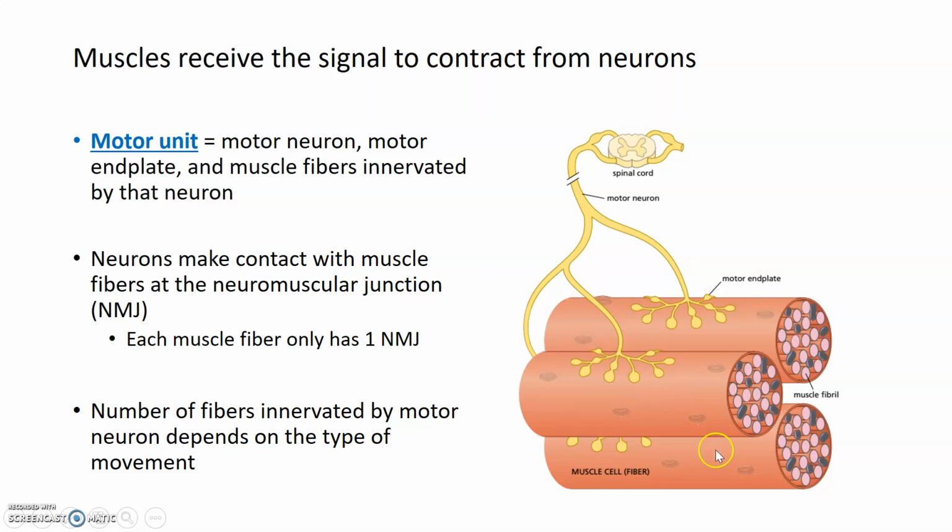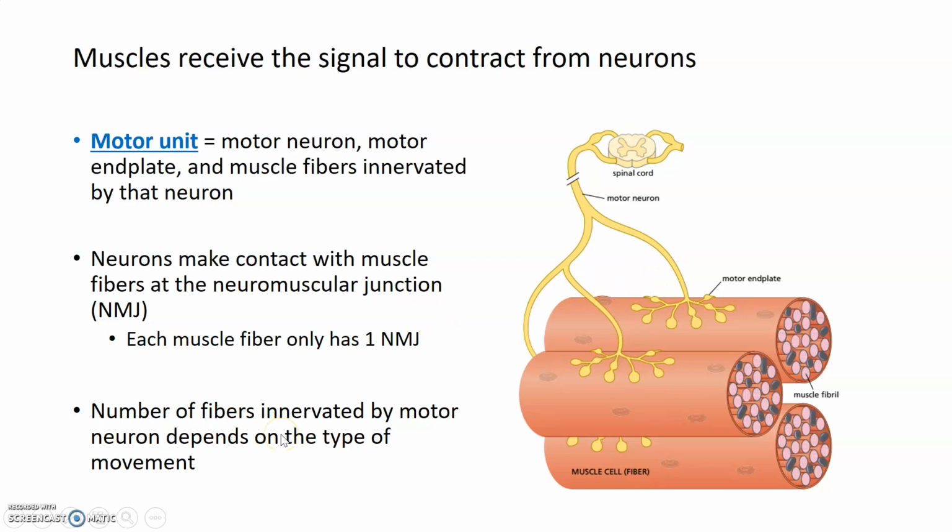And each muscle fiber only has one neuromuscular junction. And this is helpful in controlling the signals that are received, right? Because you only really want to be receiving signals from one neuron. Otherwise, it might get confusing for your muscle cells, figuring out when to contract and when to relax. Okay.